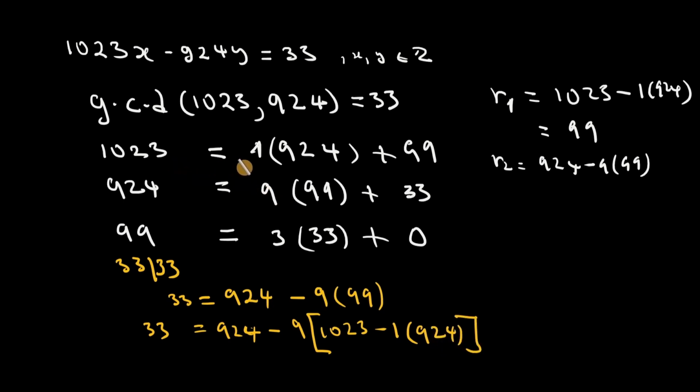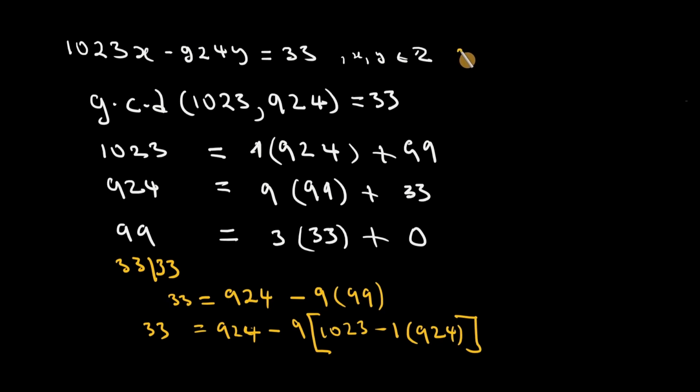Now I've reached the last level, so I stop, and I will try to arrange this equation to look like the original equation that I was given. Now 33 is equal to 924 minus 9 into 1023 plus 9 into 924.